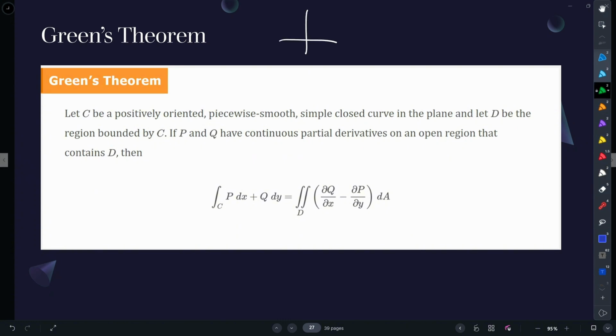The curve C is positively oriented, so it goes like this in that direction. It's a loop. It's simple. It doesn't self-intersect. Then the interior is what we call D, the region that is bounded by that curve C. And then you have two other functions, P and Q, with continuous partial derivatives in an open region that contains these.